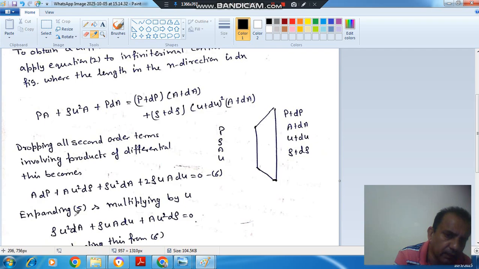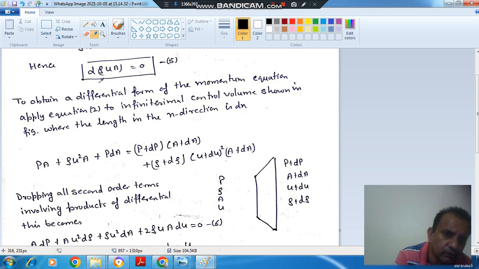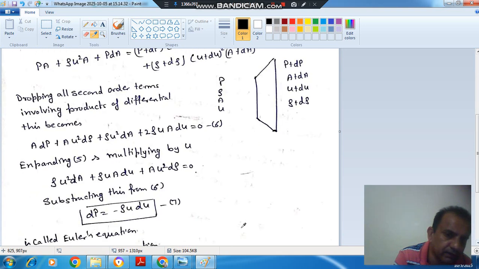Okay. So this will be the equation after dropping second order terms. And now if we open this also, if we differentiate it by the product rule, then it will be rho U dA plus UA d rho plus A rho du, and if we multiply it by U also, then we will get this equation: rho U square dA plus rho U A du plus A U square d rho.